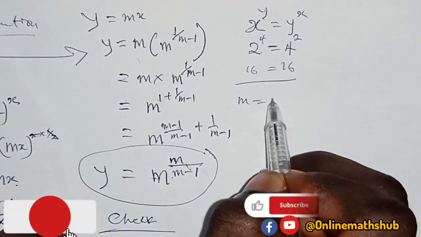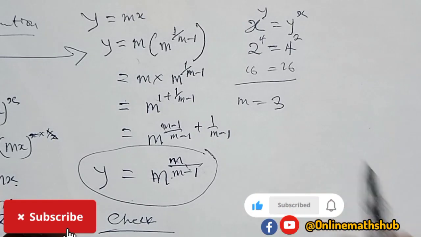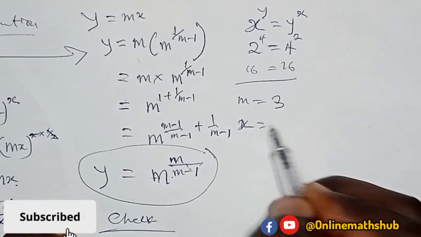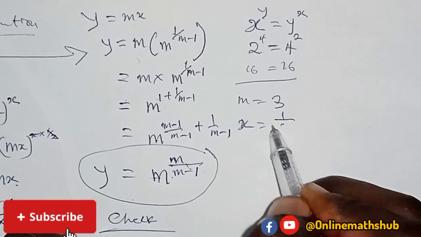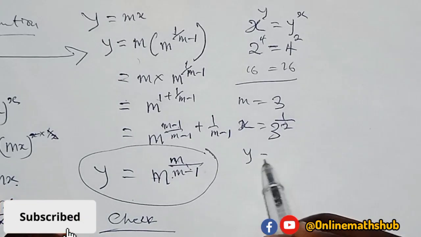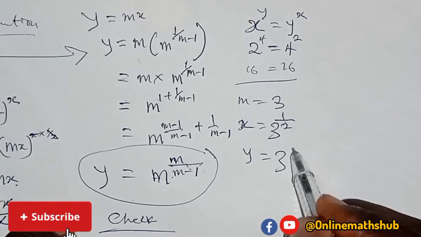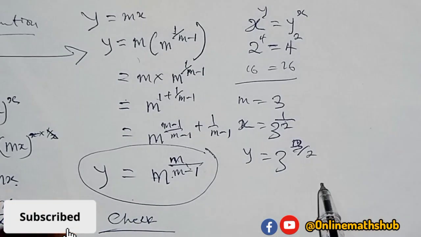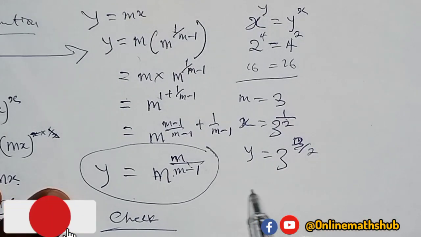So let me take my m to be equal to 3. If I do that, my x is actually going to give me 3 raised to power 1 over 2, and then my y will give me 3 raised to power 3 over 2. Okay, so I'm going to check whether this actually holds.